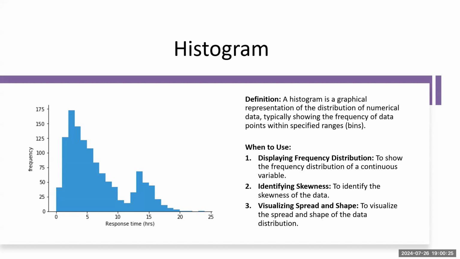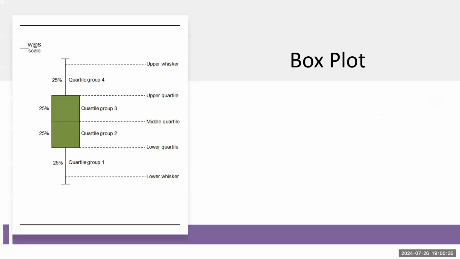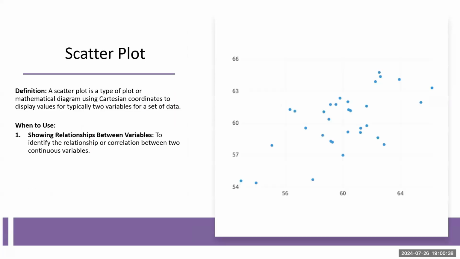Okay, so the question was to understand the relationship between two continuous variables. And what did we say is used to understand relationship? A scatter plot. So a scatter plot is used to show the relationship between two continuous variables.